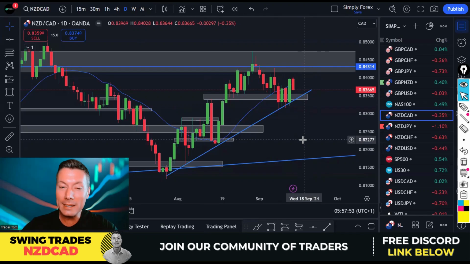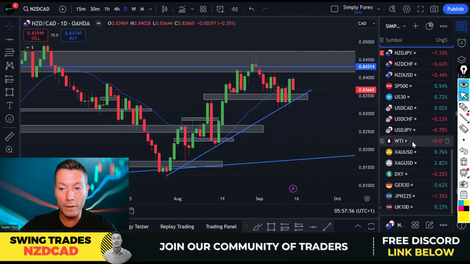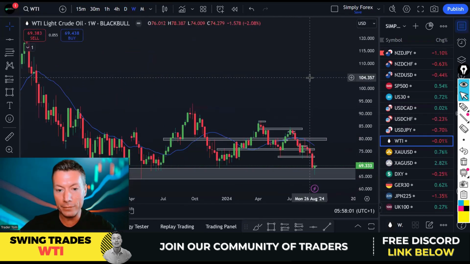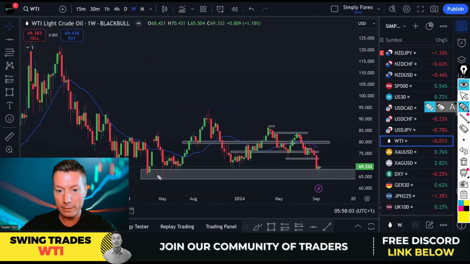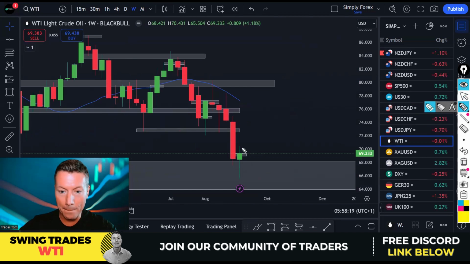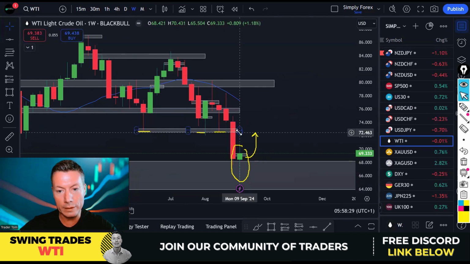The last one is again against trend, but this is worth pointing out, and it's oil. Because oil is at such a pivotal weekly support level. This has been good support in here from before May 2023. And we have seen a nice bullish-ish reaction on the weekly chart at this level, which would suggest we could get price back up to these potential resistance levels in here.